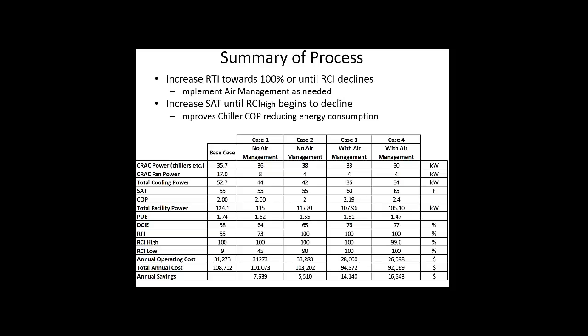And then when we spent some money to put in a little bit better air management, we reached a really good point where we demonstrated that when you do air management, you don't have to compromise energy or reliability. They can go hand in hand, because the 4 metrics in case 4 are all better than in case 1 or the base case. Yes. So if you do it smartly, you can improve both energy management and thermal management.